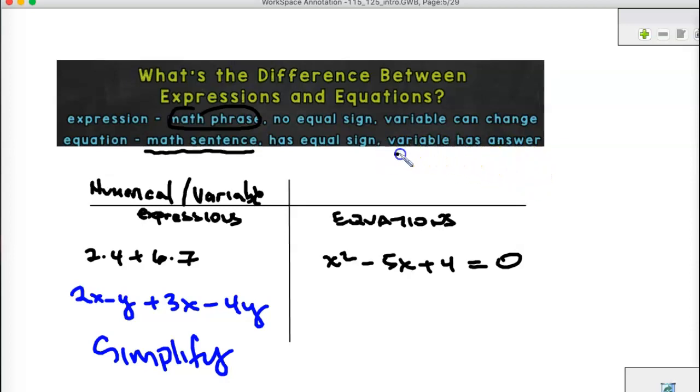And you have some variable that has an answer. What we do with these equations is solve them. We're looking for the value or values that, when you replace the variable, make the two sides equal. That's kind of what we did in our prereq courses: pre-algebra, elementary algebra, intermediate algebra. Now we're in college algebra, okay?